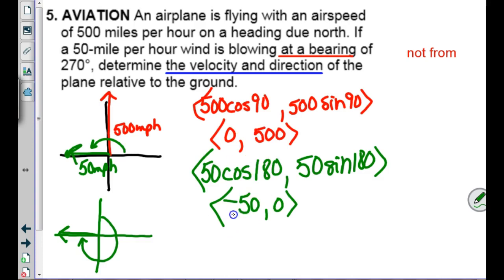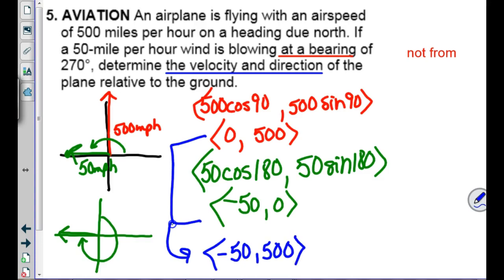Okay, determine the magnitude and direction of the plane relative to the ground. If we add those, what do we get? So where the plane is actually ending up is here, negative 50 and 500.